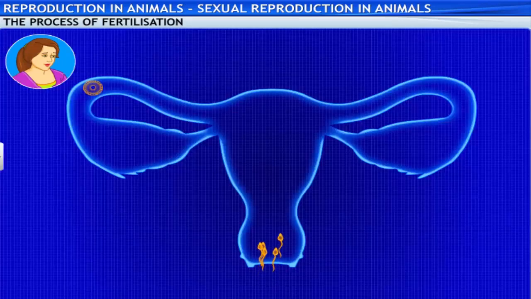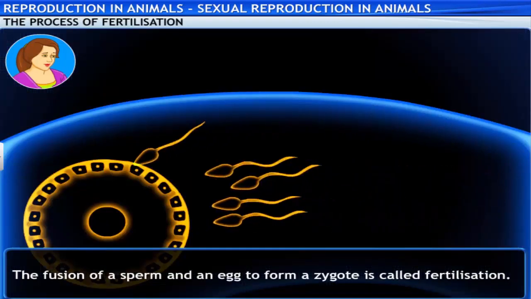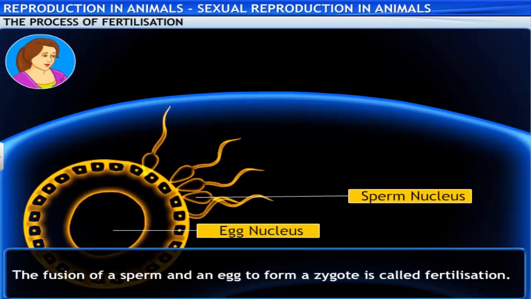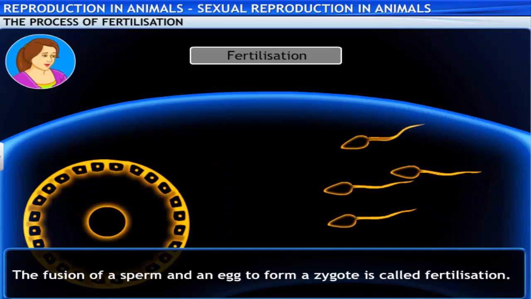In animals, when sperms come in contact with an egg, one of the sperms may fuse with the egg. To be more specific, the nuclei of the sperm and the egg fuse to form a single nucleus. This fusion is called fertilization and is the first step in the process of reproduction.